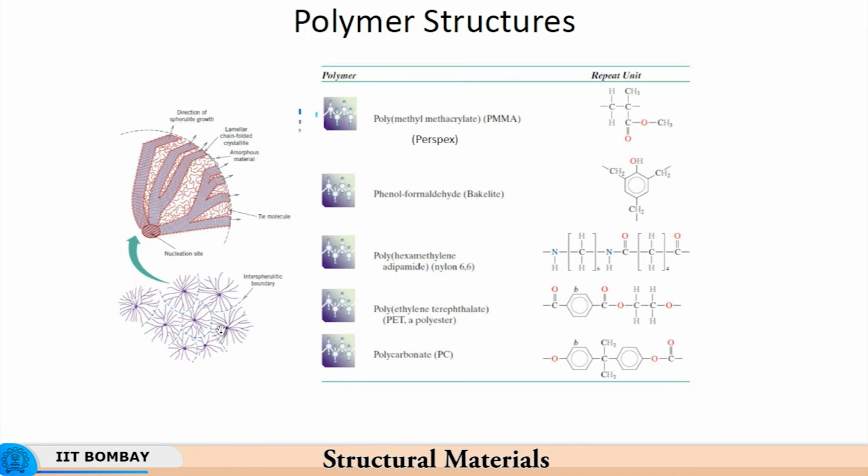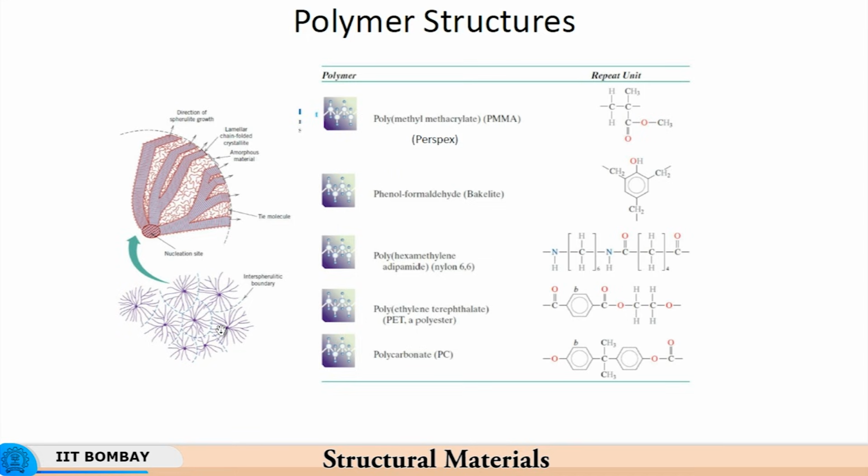So if you look at the molecule of, I think, HDPE or something, here you have the nucleation site, and then you have the direction of spherulite growth. So the chains grow in different directions from here, and you get a macromolecule which is a combination of several chains.